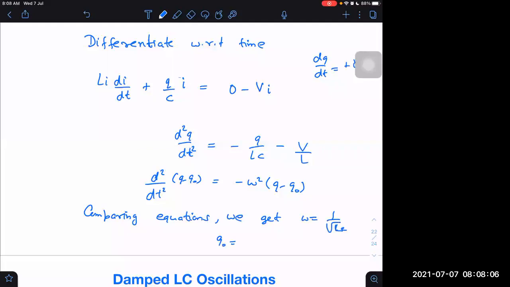I think I could have written here, or I could write q naught with minus sign. That is also not a problem. Or maybe I can write plus q naught also. So q naught will be what then? Q naught will be equal to minus V into C, or C into V.